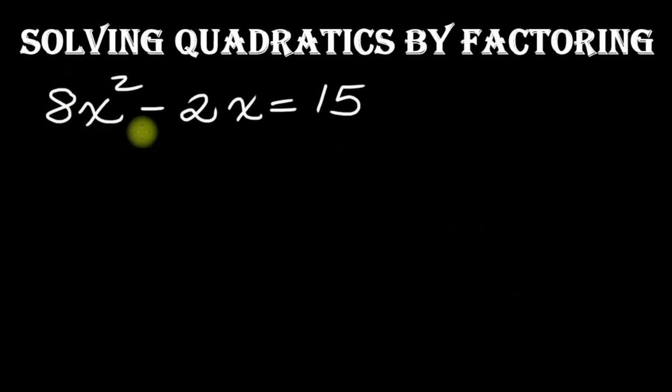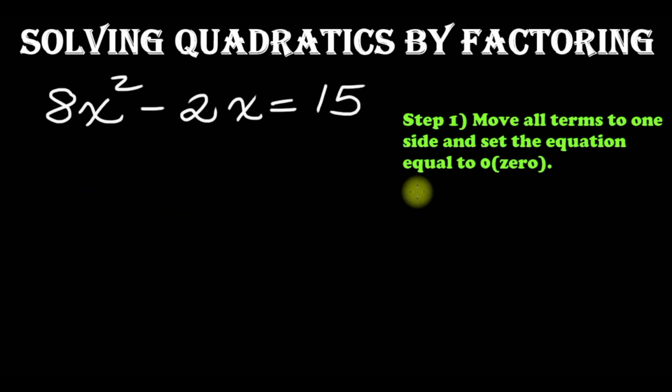So again, we're going to solve this by factoring. Step 1 is to move all terms to one side and set the equation equal to 0. So this is different compared to the previous two. You have a 15 on the right hand side. You have to set it equal to 0, so you're going to have to subtract 15 to make it come out to 0.